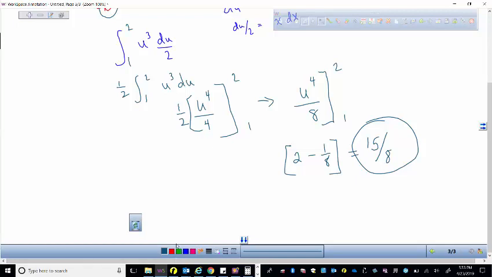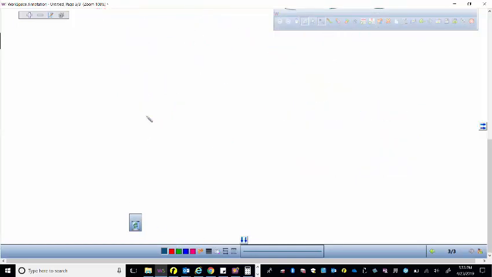So it's pretty easy. It's basically the same thing. Let's try another example here. If I want to evaluate from -1 to 0 of x times the square root of 1 minus x squared dx.